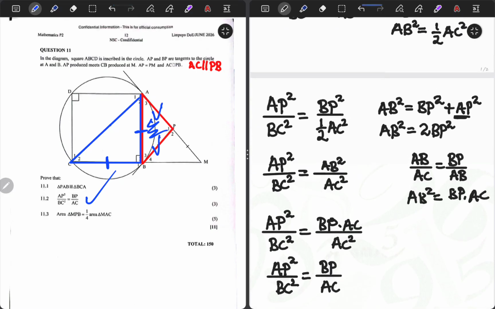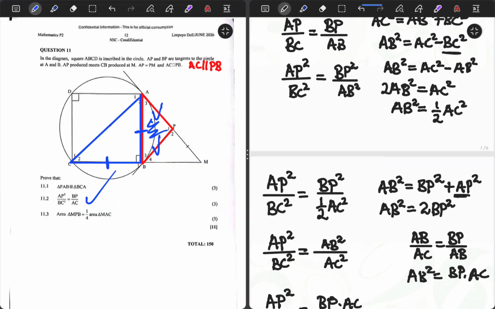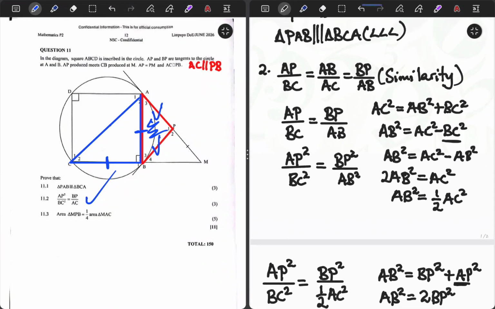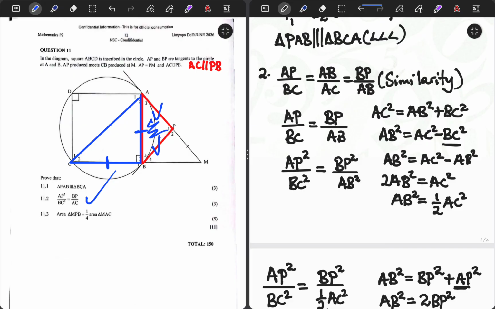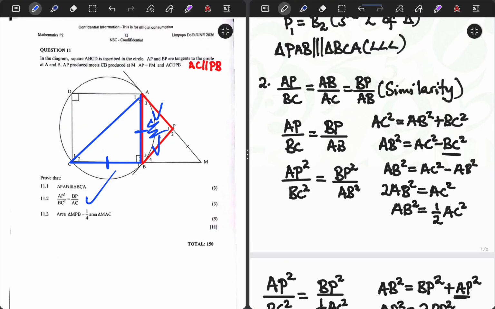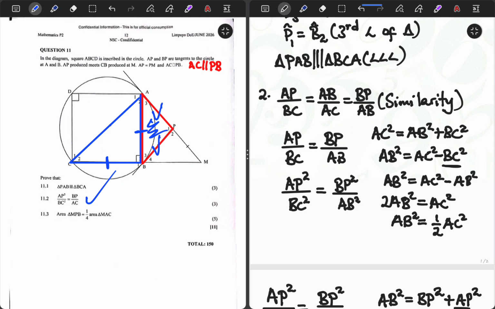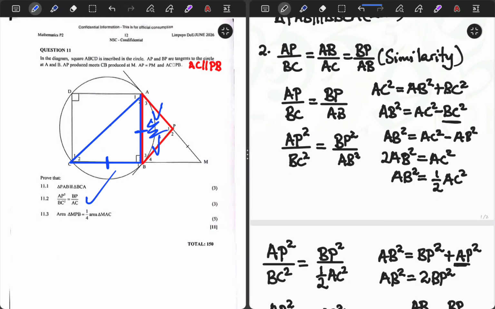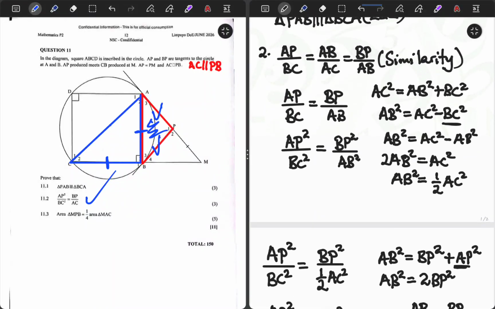What is the question? They say this is 3 marks though, meaning that there's something that I should not write. Which one?